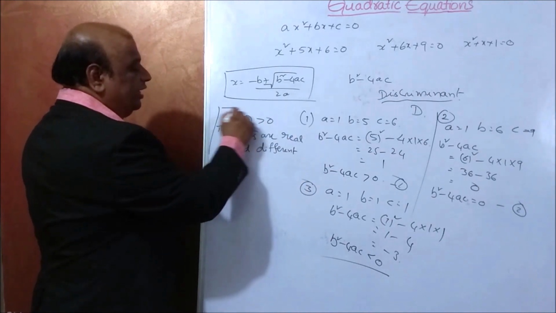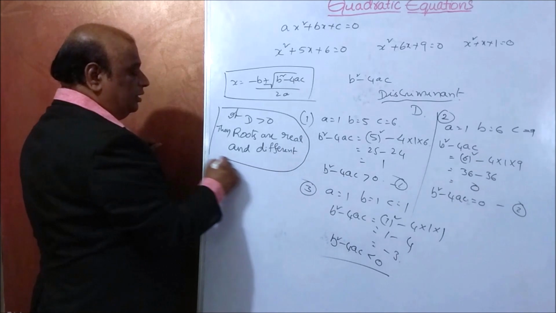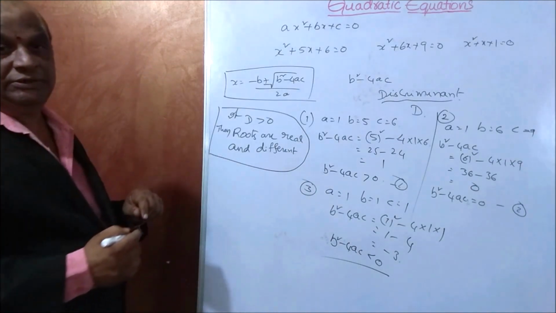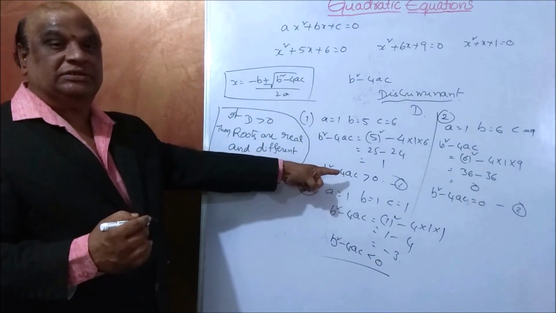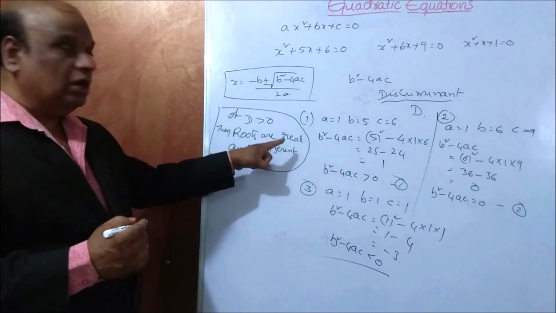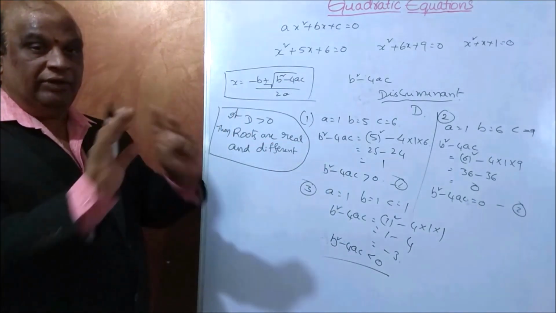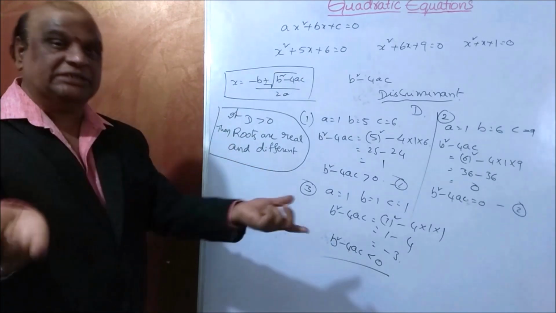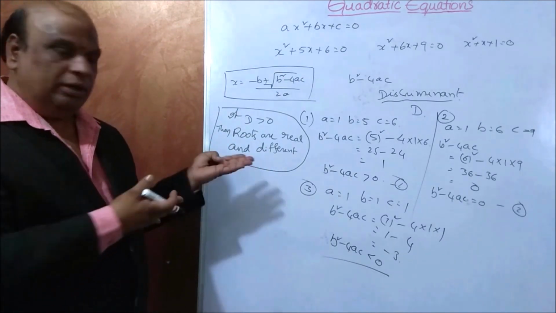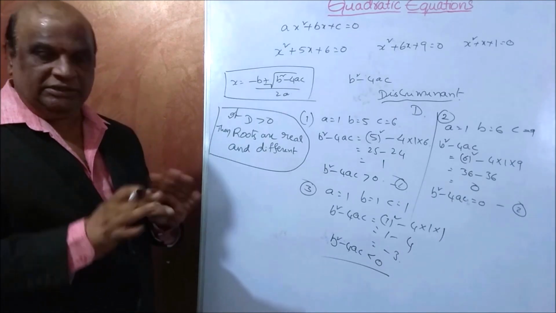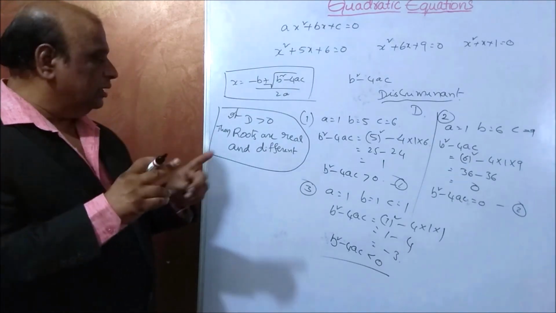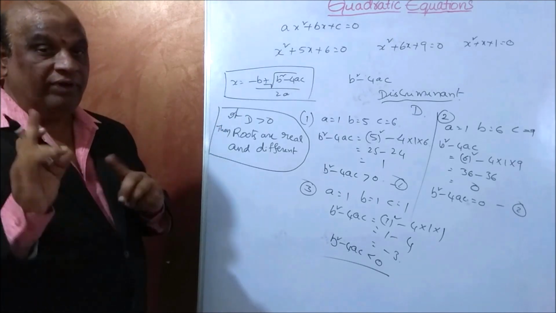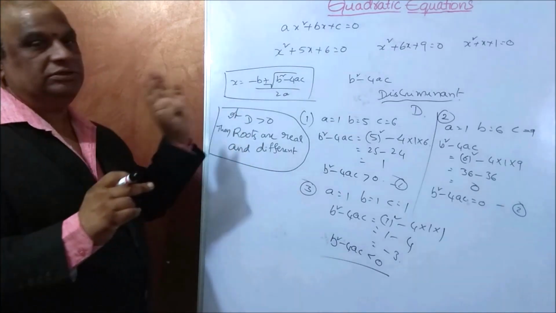This is the first case. Is it clear, my dear students? If D greater than 0, then roots are real and different, or distinct. Distinct also means different only. Roots are real and distinct if D greater than 0.